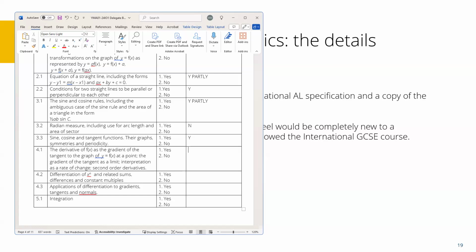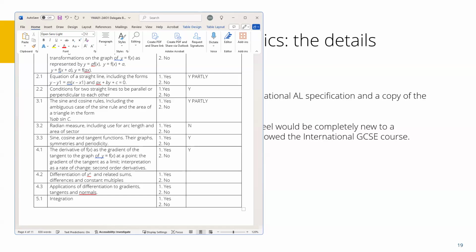The derivative of f of x as the gradient of the tangent to the graph y equals f of x at a point, the gradient of the tangent as a limit, interpretation as a rate of change, second order derivatives. That's a yes, but in the international A level, it's more sophisticated treatment.